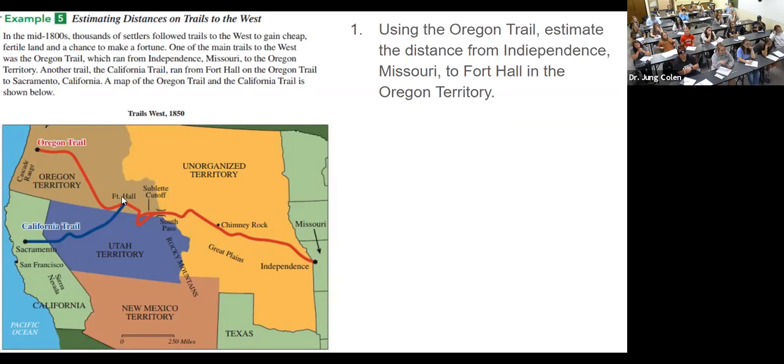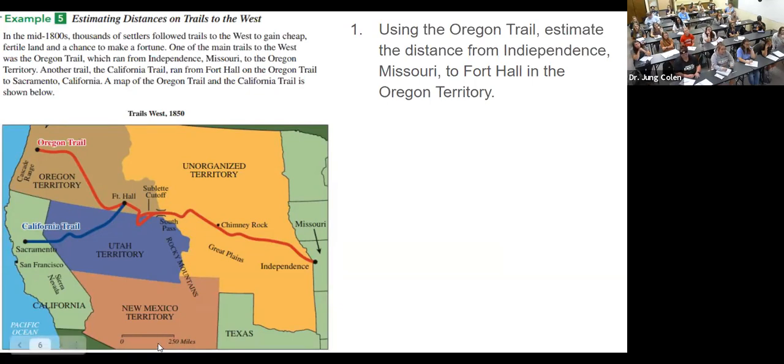How can we find that? We use the scale. Aha, that's the key, right? Do you see the scale here? What does it say? This much is about 250 miles. Do you think it's an actual number or an estimation? It's an estimation. We're going to use our estimation.